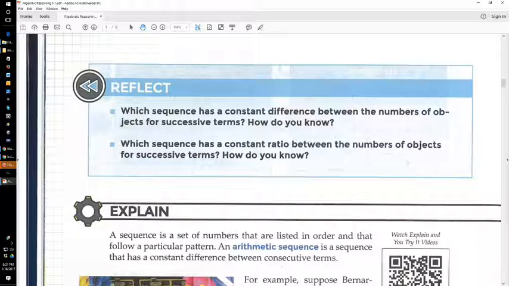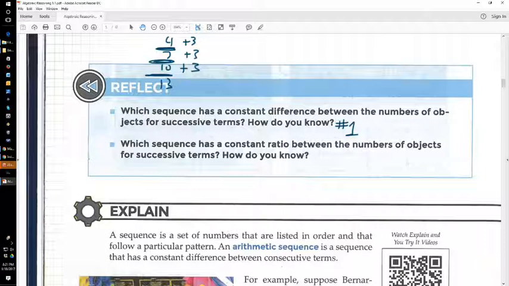The first one, we added 3 to get the next term, then we added 3, then we added 3. So with 4, 7, 10, 13, the difference was the same. Each one was 3 away from the other. So it's number 1.